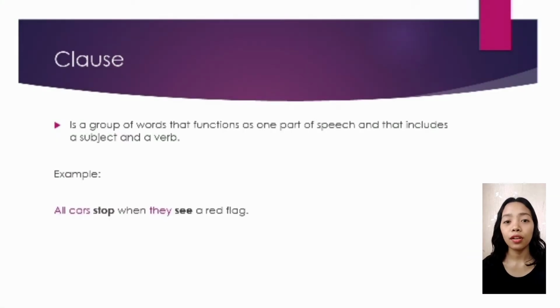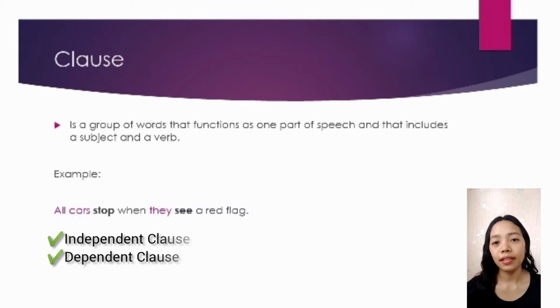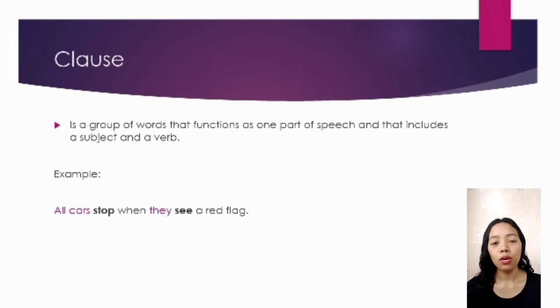So what is a clause? A clause is a group of words that functions as one part of speech, and that includes a subject and a verb. For example, all cars stop when they see a red flag. As we can see in the sentence, there is an independent clause and a dependent clause. What is an independent clause?